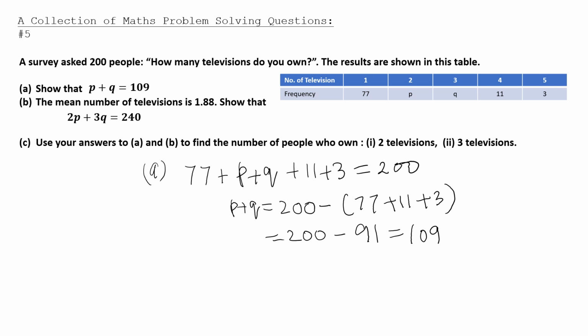I was using my calculator. So that is the answer. We've done that. That is how you would do part A. So now part B, I will erase this bit.